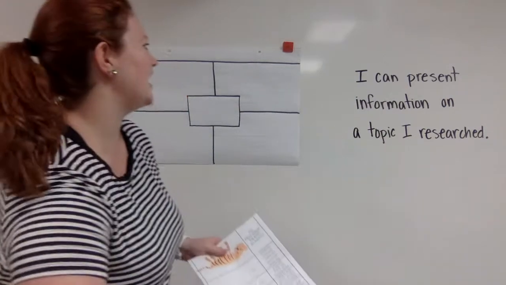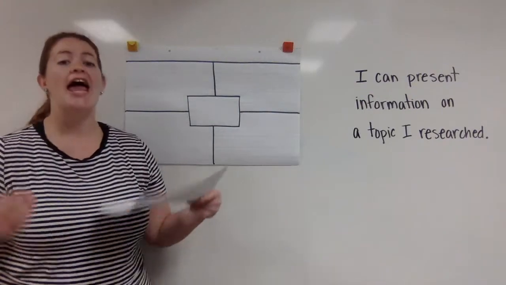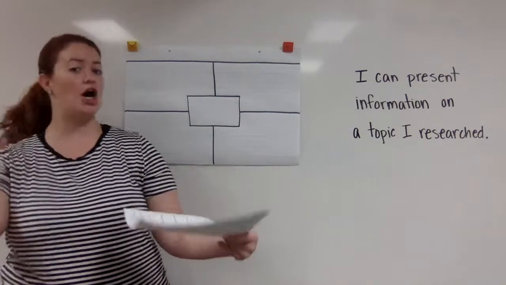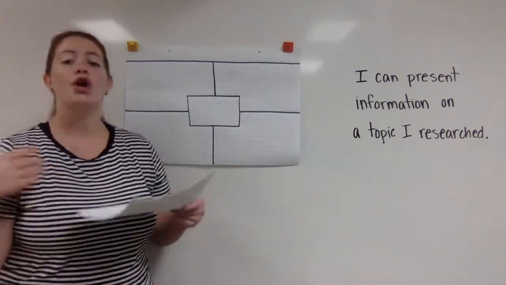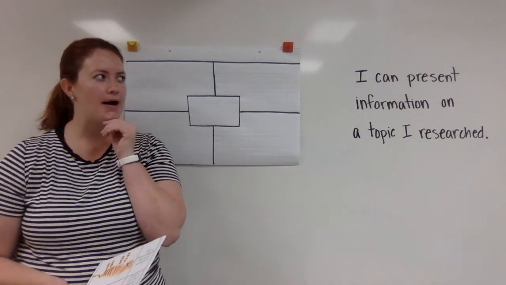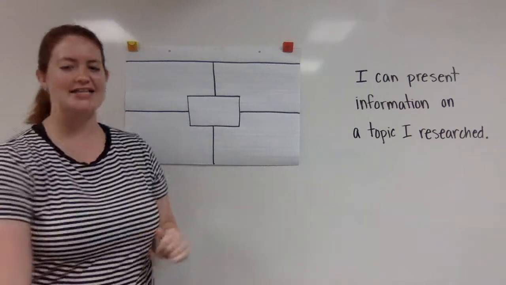The first thing I need to do is give my graphic organizer a title. That way, whoever is reading this, whoever's in the audience and seeing this, knows what it's about. Let's see, if I'm going to tell them all about tigers, what if I just use that as the title?